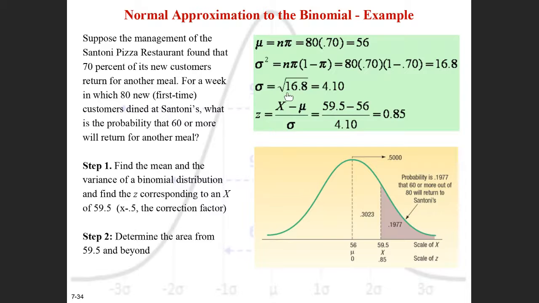Standard deviation, square root of the variance, square root of 16.8 equals 4.10. Substituted in the Z formula, x minus mu over sigma is 59.5 minus 56 divided by 4.10 equals 0.85. Okay?